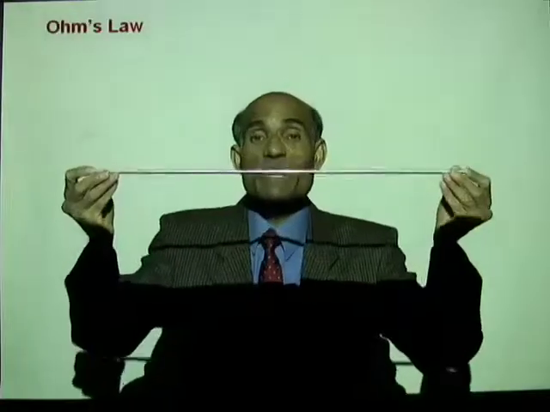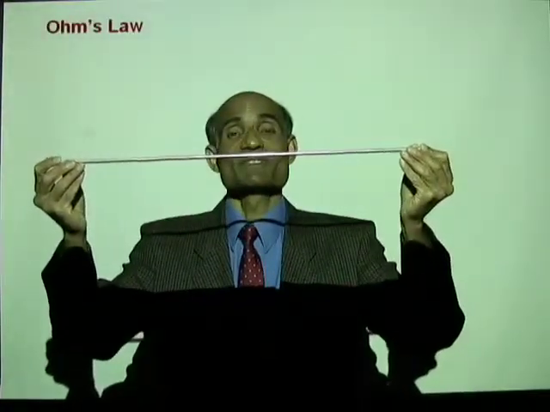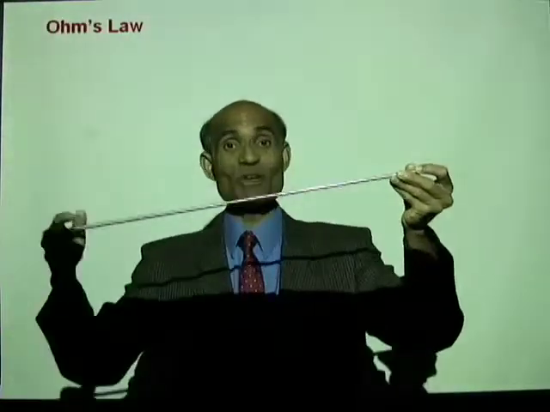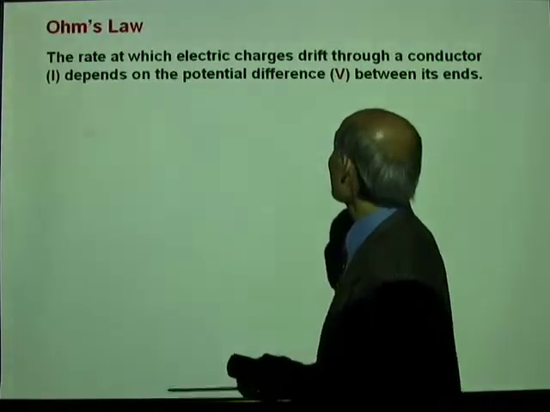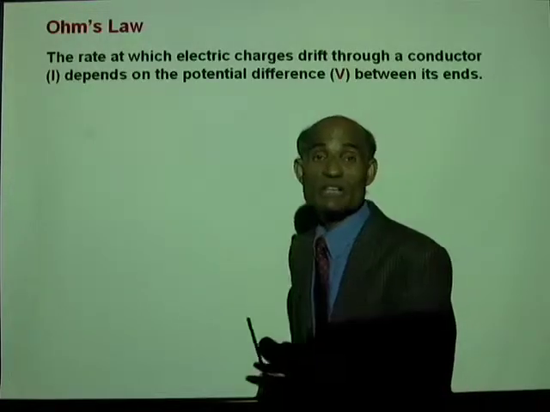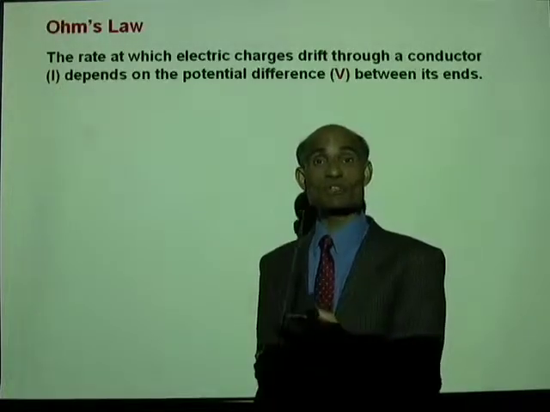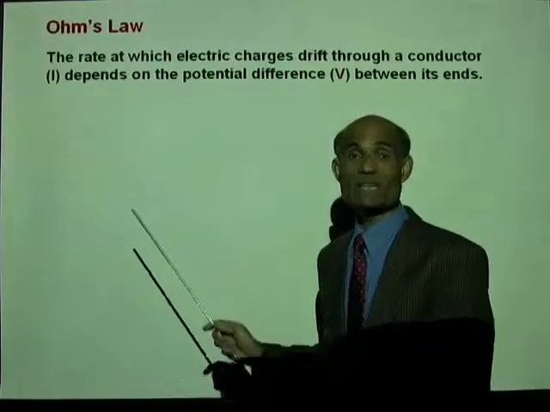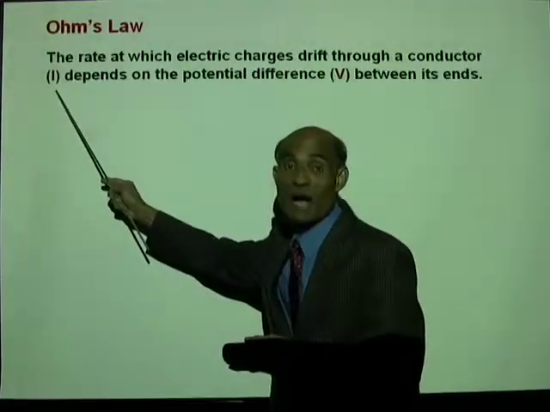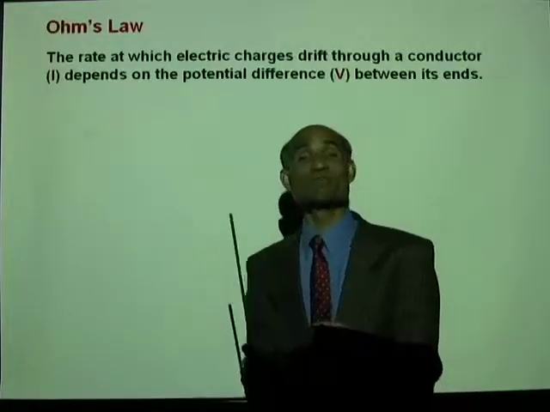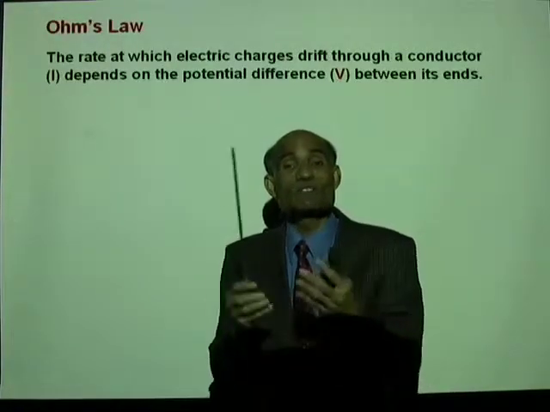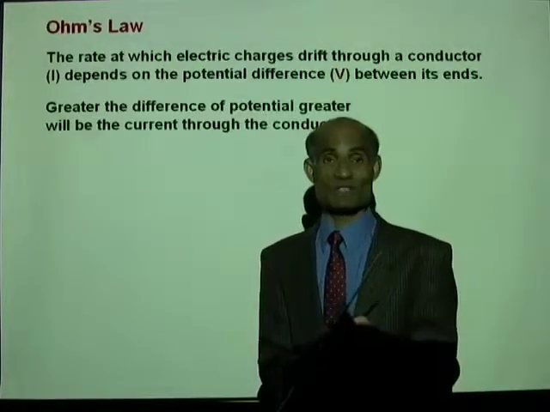What happens when you increase the potential difference? When the potential difference increases, the current also will increase. Is that right? Okay. Well, the rate at which electric charges drift through a conductor depends on the potential difference V between its ends. That means the current I in a conductor depends on the potential difference V. And Ohm's law is a relation between these two quantities.